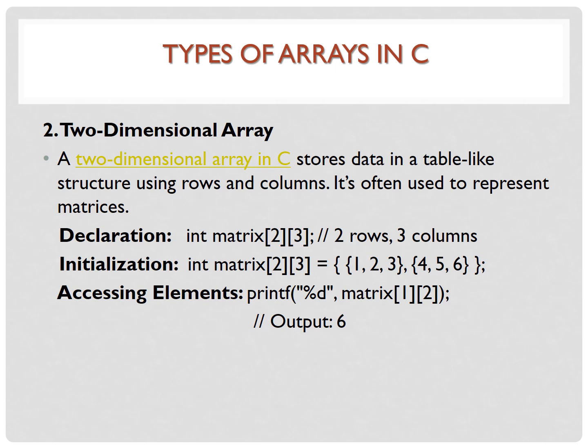This defines a two-dimensional array. The type of element is integer, the name of the array is matrix, and it is able to hold 2 rows and 3 columns. So this creates a grid-like structure in memory.